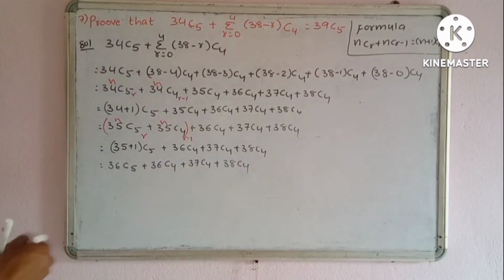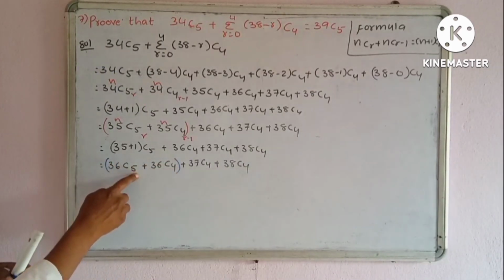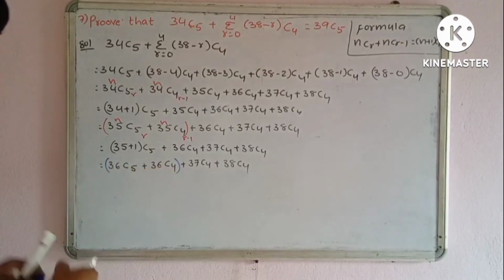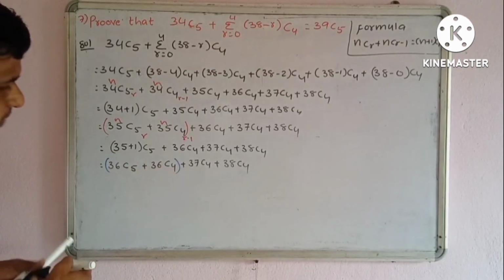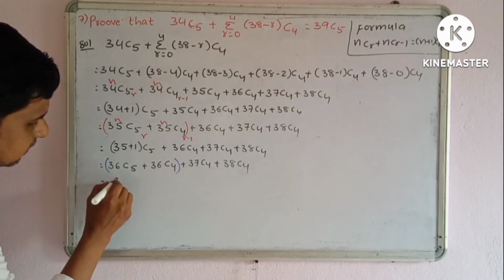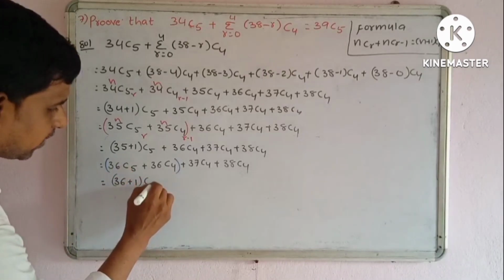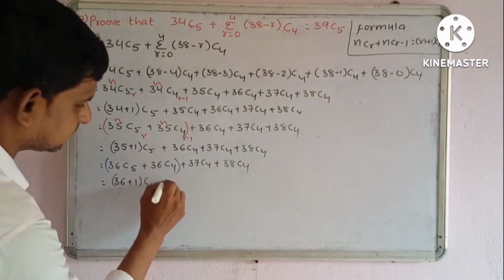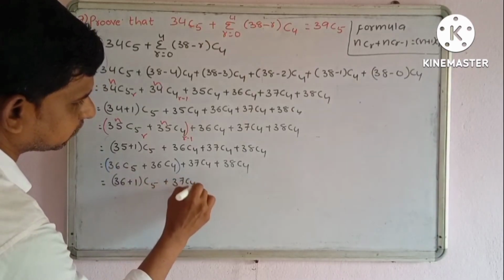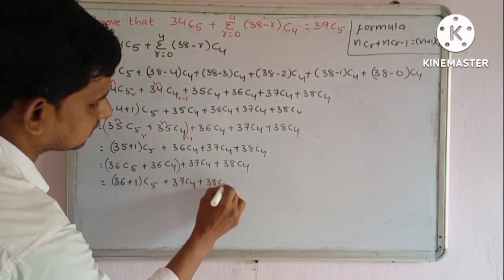Next, observe these two terms. nCr plus nC(r minus 1) is the same (n plus 1)Cr. So that equals (36 plus 1)Cr, r value 5, plus 37C4 plus 38C4.